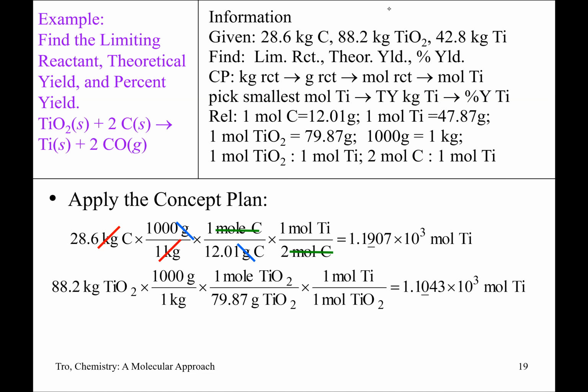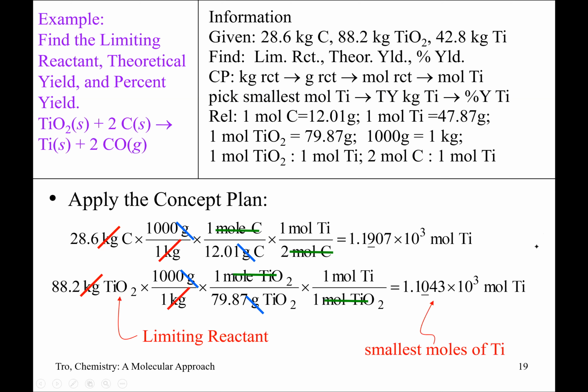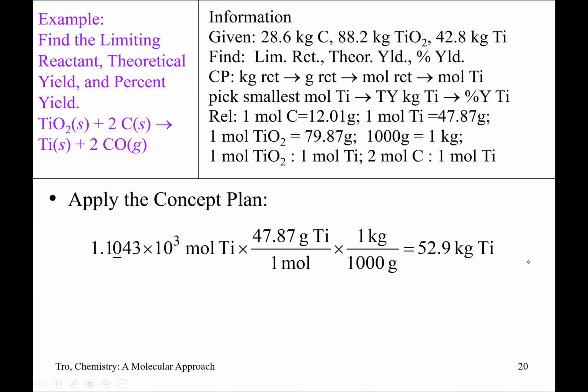So we already have our limiting reactant, and the limiting reactant is going to give us how much of the product we are going to get. So we have the moles of the Ti, and if you have the moles of Ti, you convert that to mass of the Ti. This is the theoretical yield.